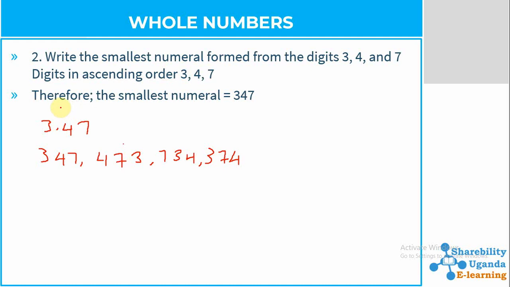So that's why the smallest numeral here is 347. The one we have formed is the smallest numeral. So that's how we form out numerals, and that's how we can come out with the smallest or the second or the third.